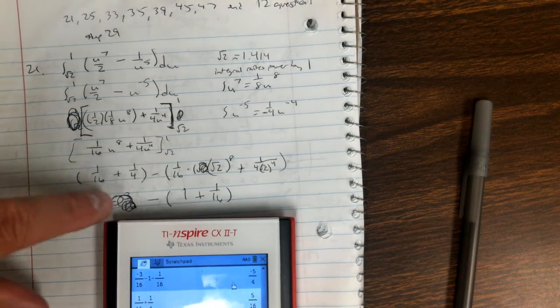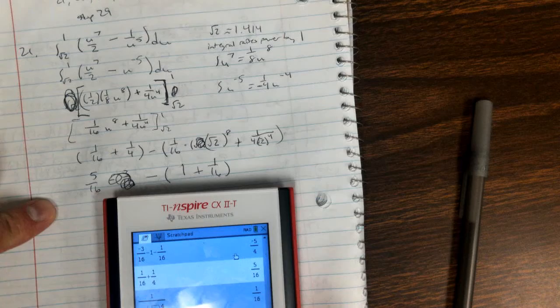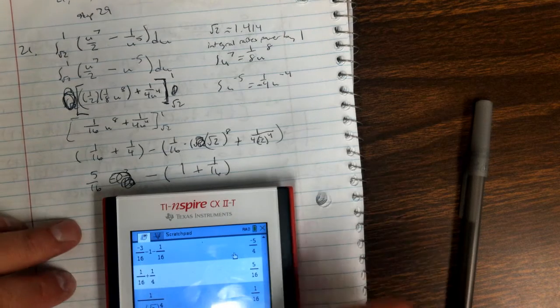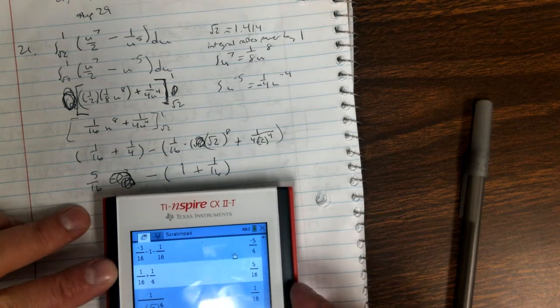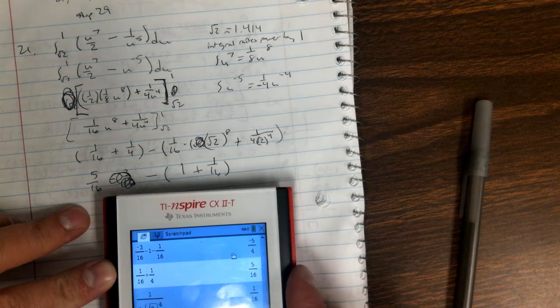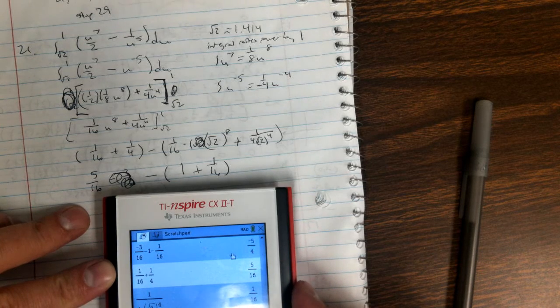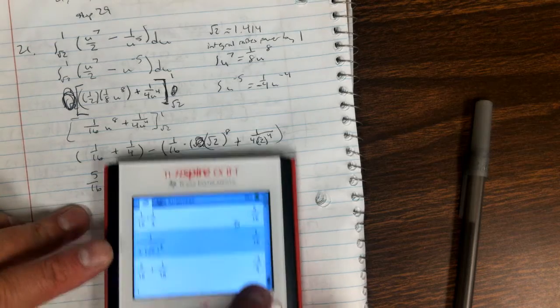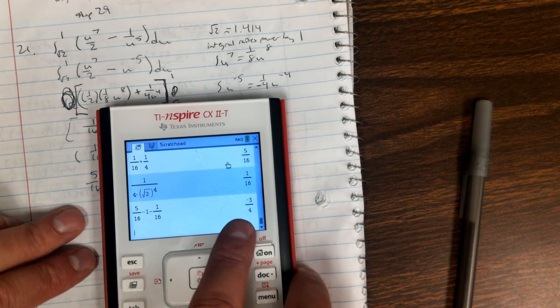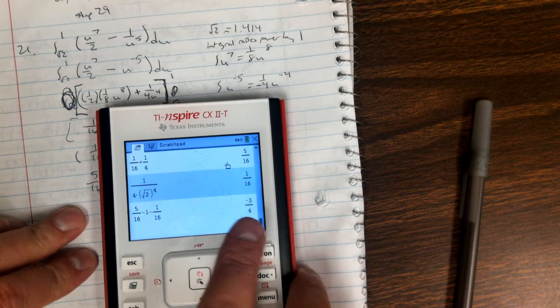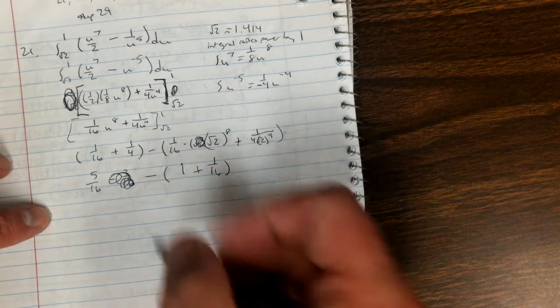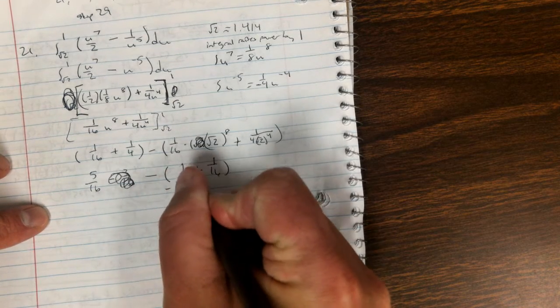And so that gives you 1/16. Okay, so this will be 5/16 minus 1 minus 1/16, and that gives you negative 3/4. And that's what we want. Negative 3/4.